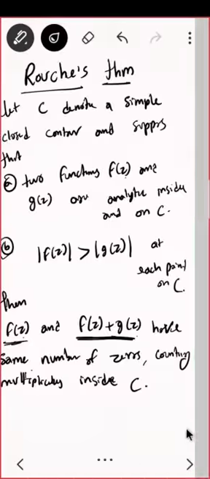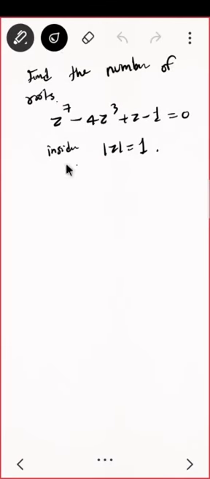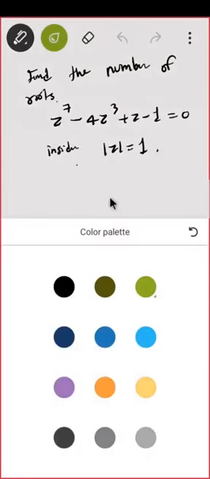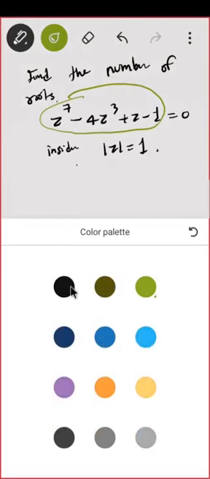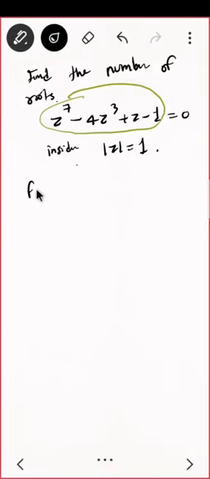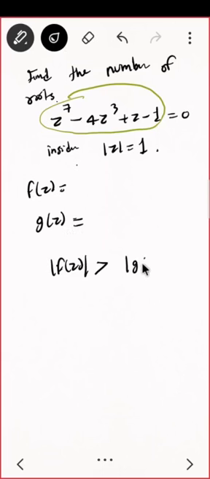That means I need to break this function into two functions, f of z and g of z, such that mod of f of z is greater than mod g of z. Of course, we are talking inside mod z equal to 1. Can you give me that?